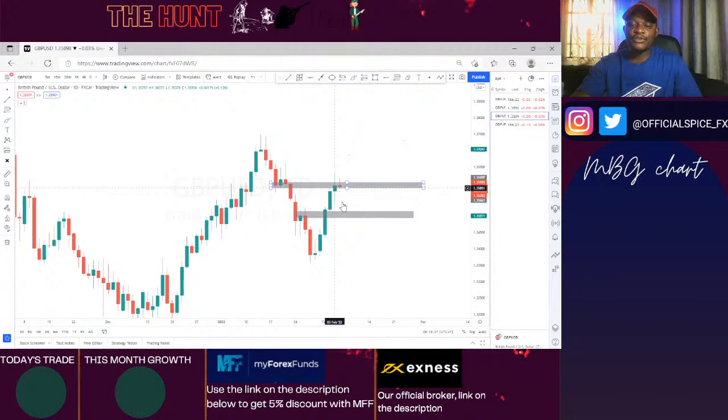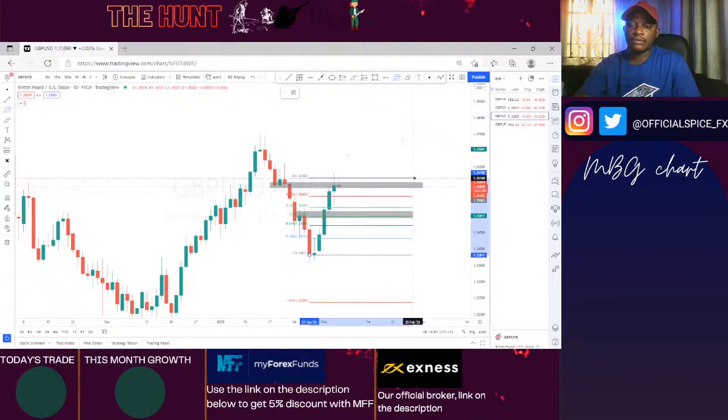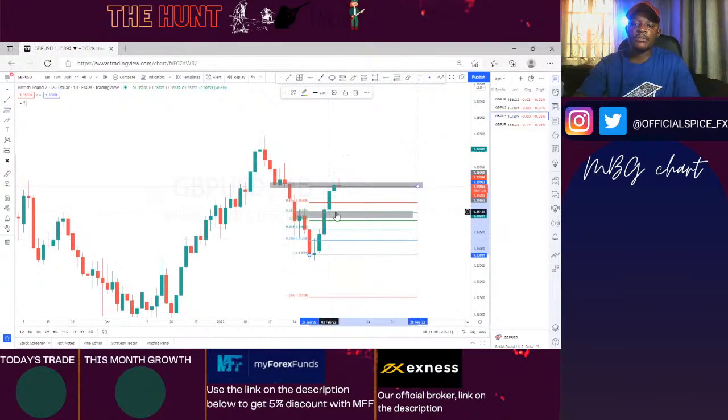So is price going to come to this point here before bouncing away, or is price just going to continue its uptrend? That can also happen. Let me bring this one here. Yes, that can also happen. That zone is also a powerful zone right there, a powerful Fibonacci zone.